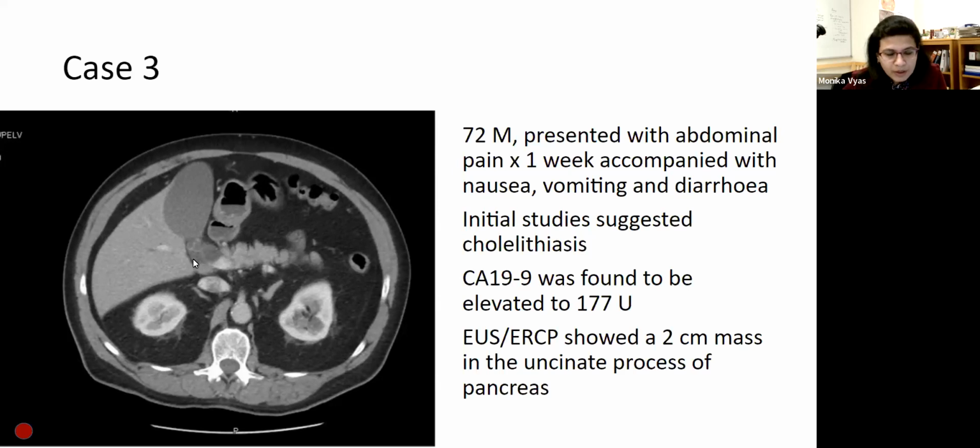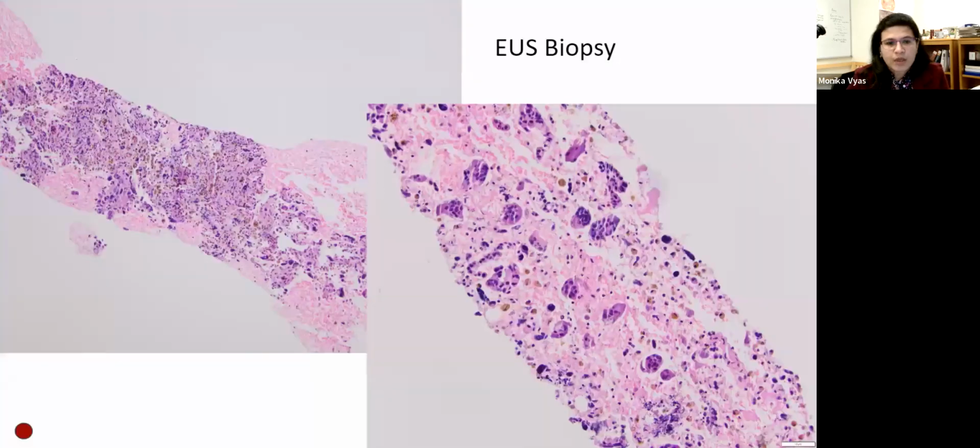I don't know if my arrow is projecting, but you can see a lobulated mass in the uncinate process of the pancreas. This was subsequently biopsied, which showed a neoplasm which is rather poorly differentiated. You can see sheets of cells here without any gland formation in this picture.